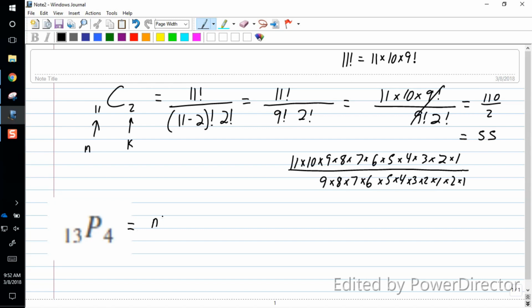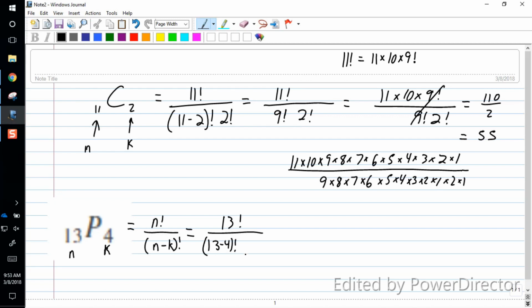And the formula, remember, it's n factorial divided by n minus k or n minus r, whatever you want to call it, factorial. There's n and there's r, or there's n and there's k. So if I wanted to do that, it's 13 factorial divided by 13 minus 4 factorial.